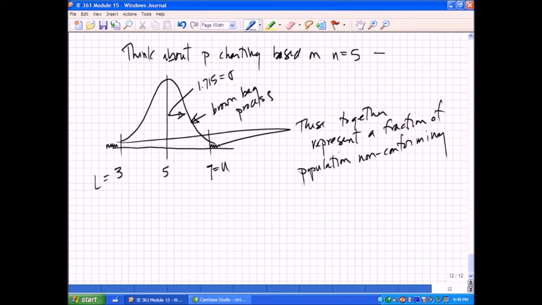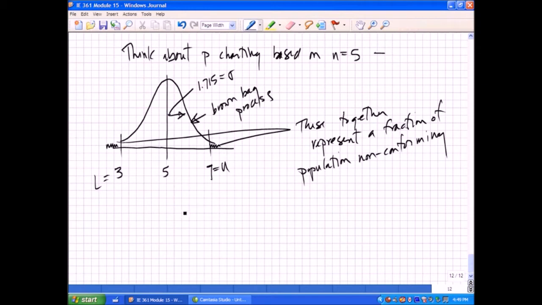Okay, so if you ask yourself what fraction of those washers in that brown bag are outside the limits 3 to 7, at least if I ignore the discreteness of the bag, what I need is those two normal probabilities added together.